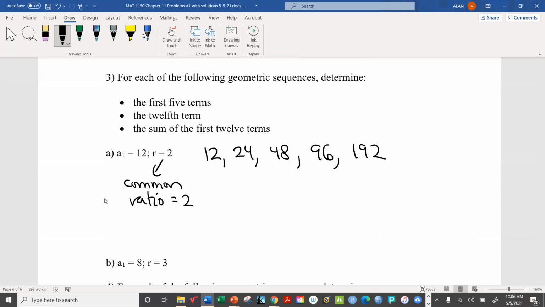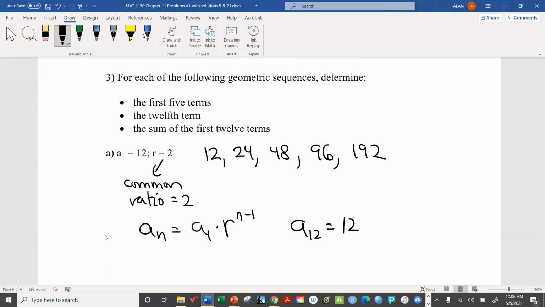So what about the 12th term? Now here, the formula is a little different. If you remember, the formula here is an is a1 times r to the n minus 1 power. So in a way, it's almost simpler than what we were doing before.